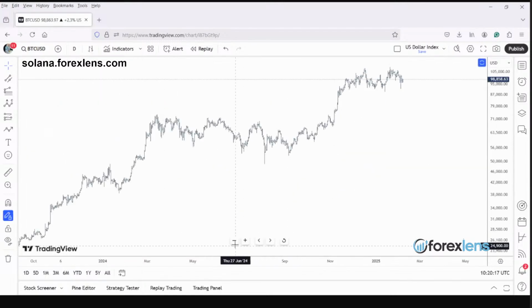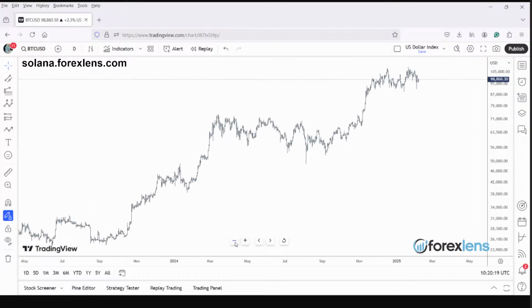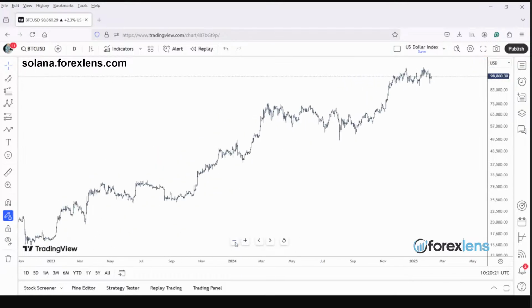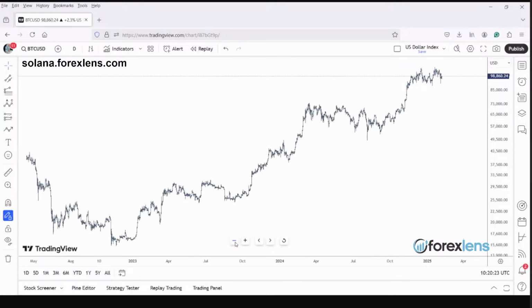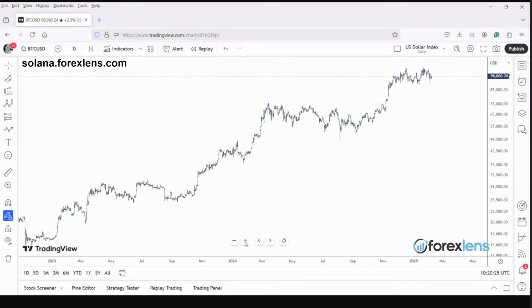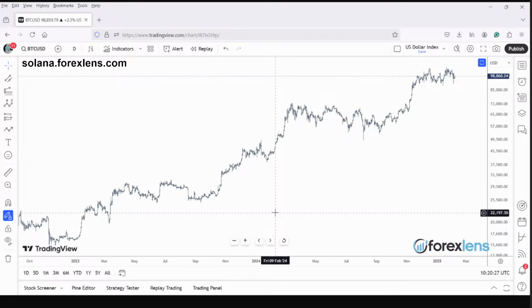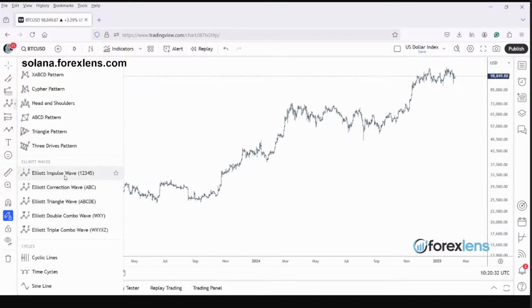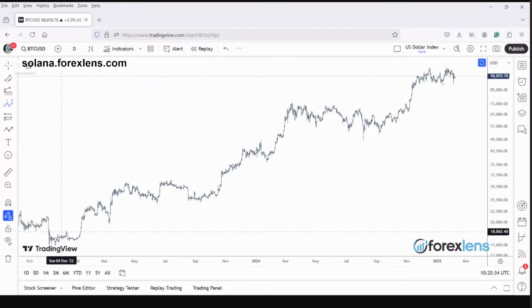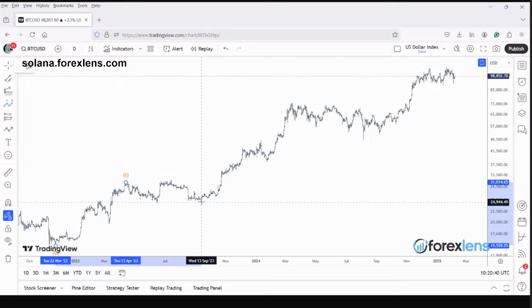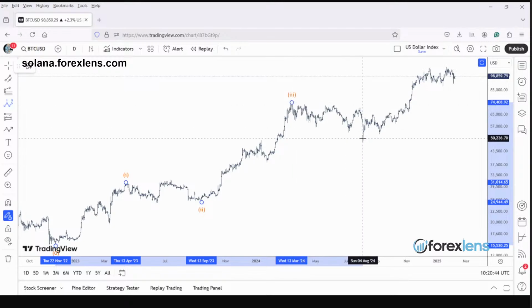I might be presenting a slightly contrarian scenario than what most traders would be wanting Bitcoin to behave as. But as I keep saying always, it's not about what we want to happen. It's more about what charts are telling us. So we've got one, two, three, potential four.